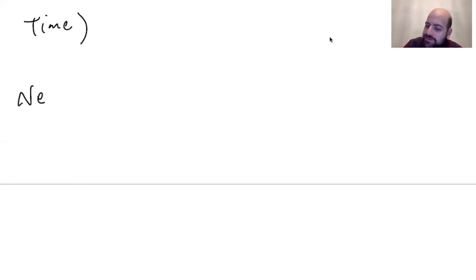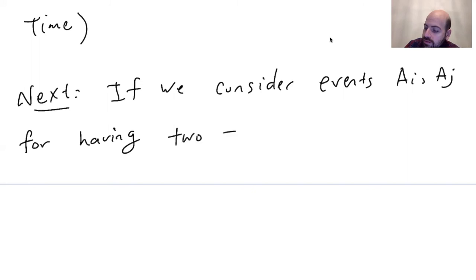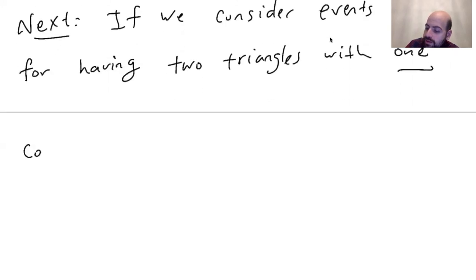So next, let's consider events Ai and Aj for having two triangles with one common edge.